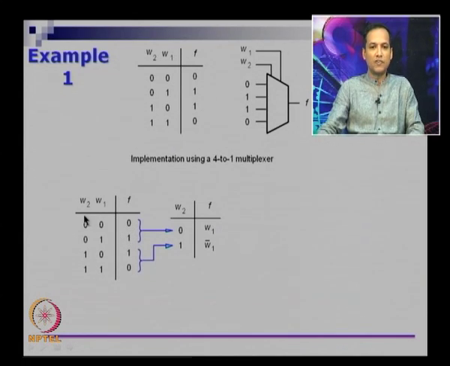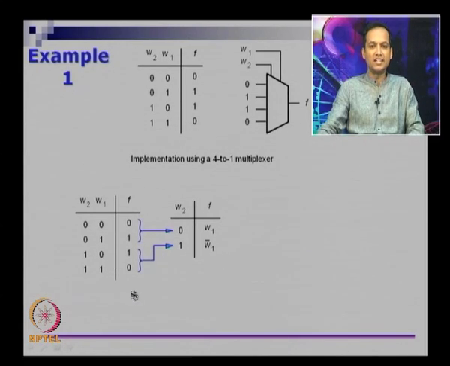If you look at W2 and W1, if you do not care about W2 for now, you can look at it as when W2 is 0, F is W1, right. You can see that this 0 1 is the same as this 0 1 here. So when W2 is 0, which is the top half of the table, F is W1. When W2 is 1, which is the bottom half of the table, F is W1 complement.